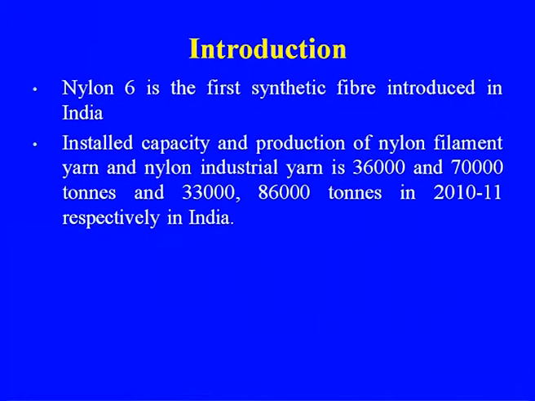Installed capacity and production of nylon filament yarn and nylon industrial yarn in India in 2010-11 were these figures, respectively: 36,000, 33,000, 77,000 and 86,000 tons.